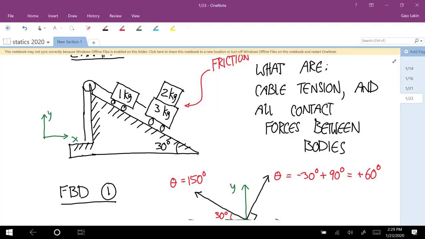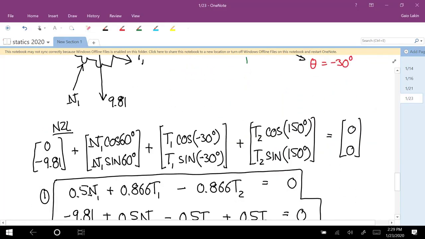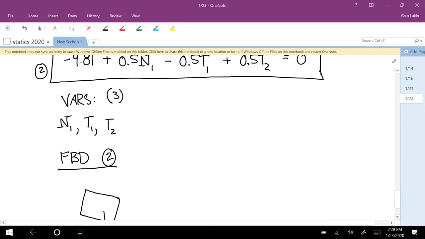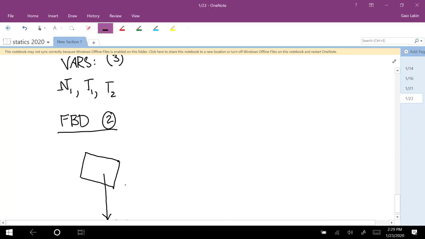Is there anywhere that happens? And the only place is the contact with 3, right? How would you describe that contact? It's a friction contact, and so that means that it's a totally unknown force vector. So I'm going to draw that as two components of a vector, and I'm going to give it the name force on the 2 by the 3.